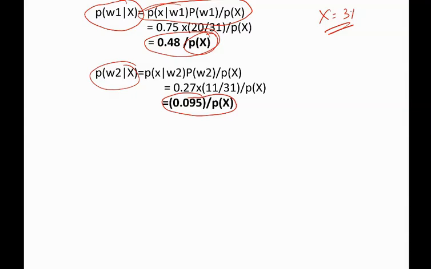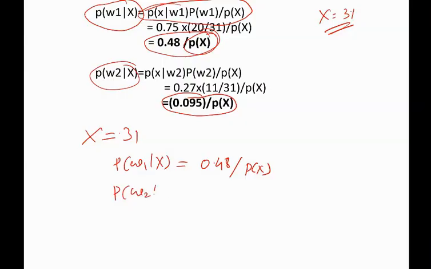So for x equal to 3.1, the probability of omega 1 given x is 0.48 by p of x, and the probability of omega 2 given x is 0.095 by p of x. This is a common term, so I need not calculate it.